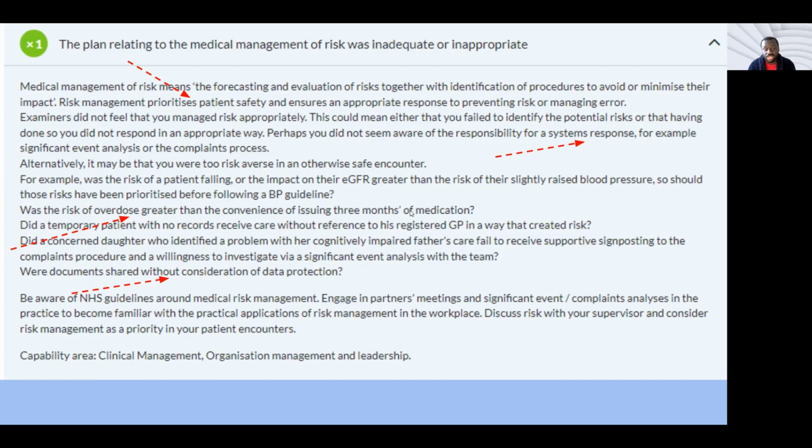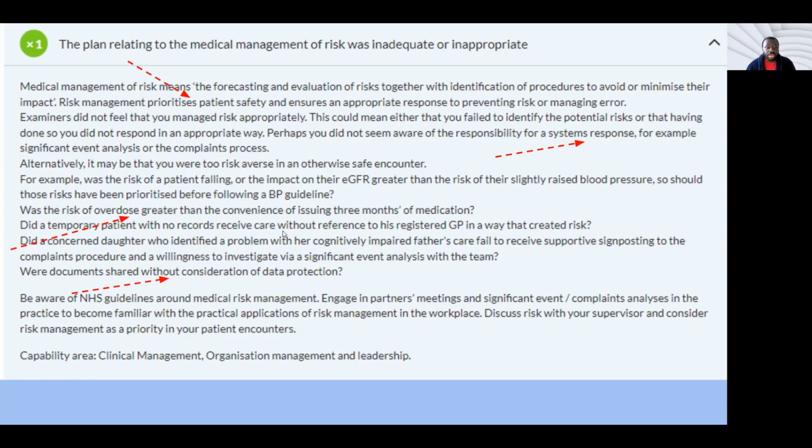So you're seeing a depressed patient, you've agreed to commence the patient on an antidepressant, and the patient might have some suicidal feelings, no active suicidal ideations, no previous self-harm, but you're just worried that you might need to give 2 weeks' or 1 month's worth of medication and arrange a follow-up rather than giving 3 months, because if the patient overdoses on 3 months' worth of medication, obviously the impact will be much worse than overdosing on 2 weeks' or 4 weeks' worth. We need to be thinking about those kinds of things.